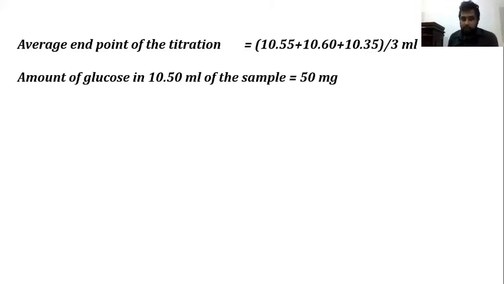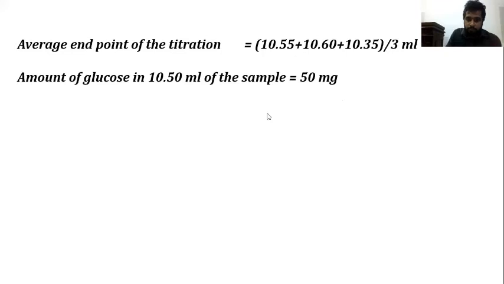Then we can say that the amount of glucose in 10.5 milliliters of the sample, it means the sugar solution, is 50 milligrams. Okay, so that's the use of the conversion factor here. You have to understand that clearly. Good.